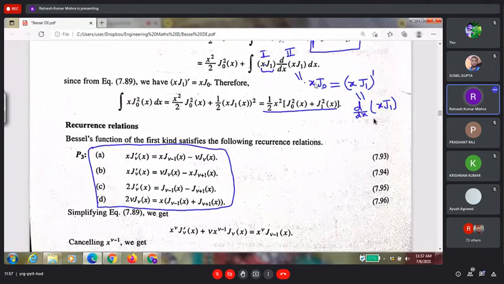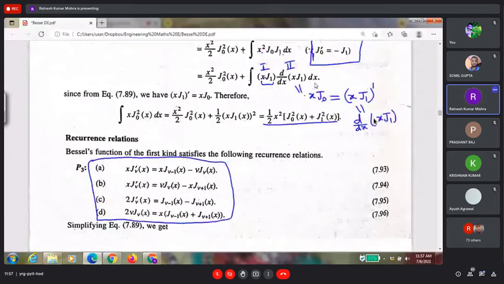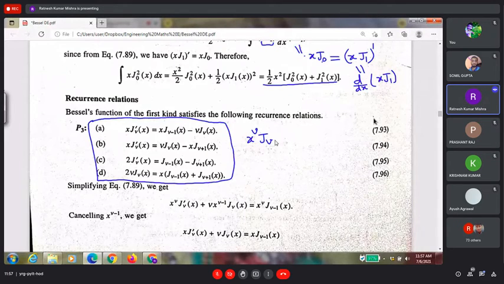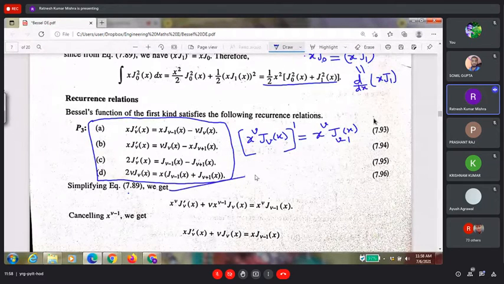So first we see, okay, this is the x के power v jv of x and differentiation with respect to x equal to x के power v jv minus of x. This is the 7.89. This one. Yeah. We know that this one. Okay. Now we can write this one is this term.